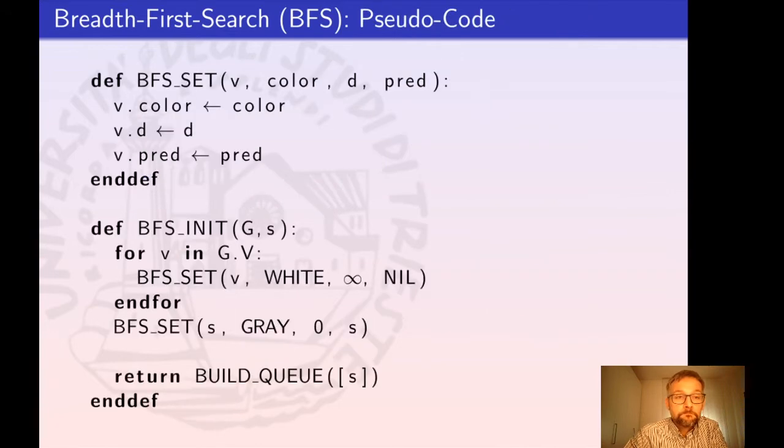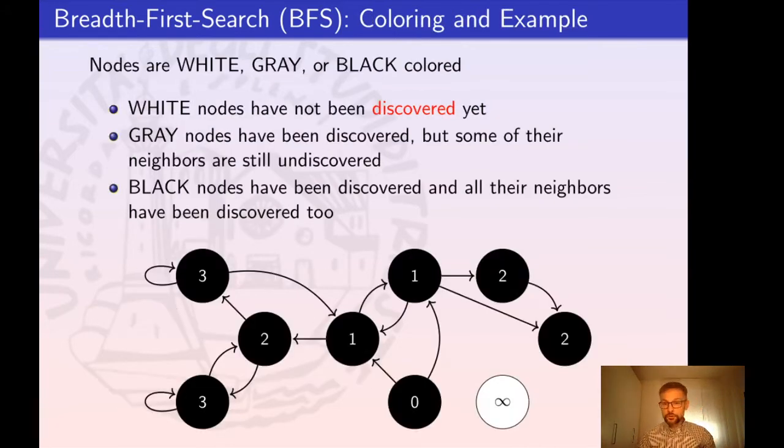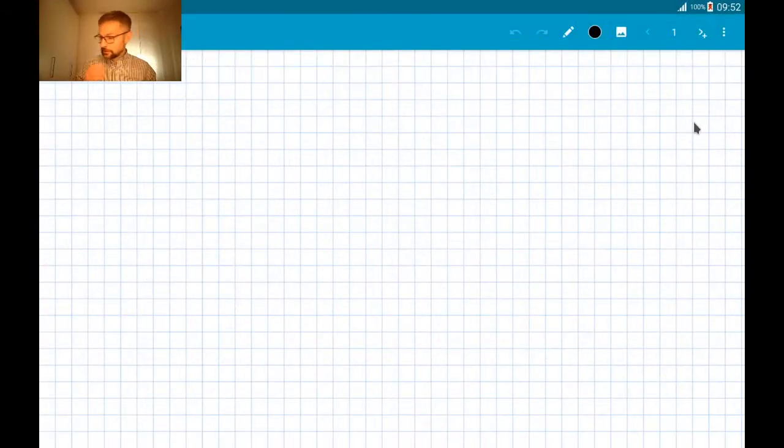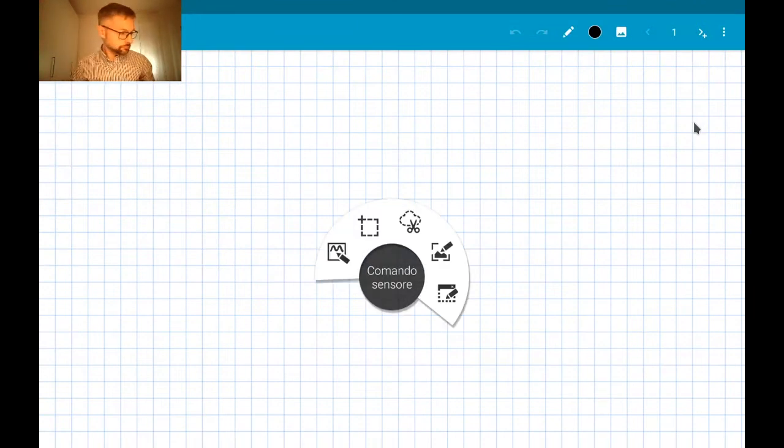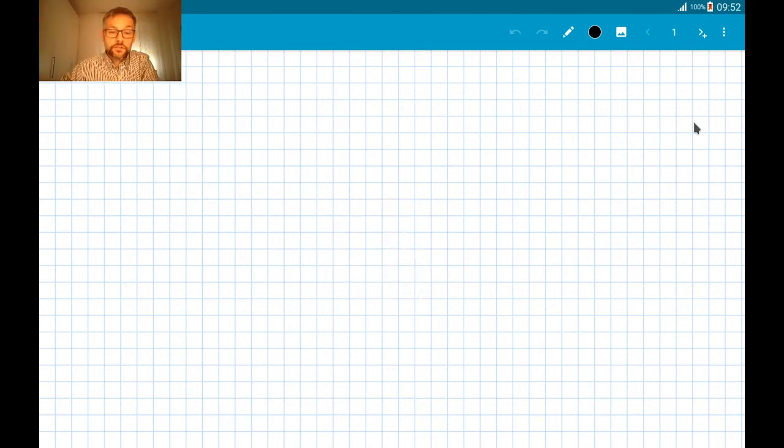Okay. Now let's try to see the code. This is it. Okay. Let's try to see the code, and let me use the very same names I used on the slides.